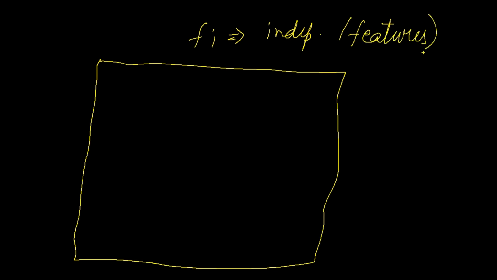We normally say the fi are independent variables. These are sometimes also called features.